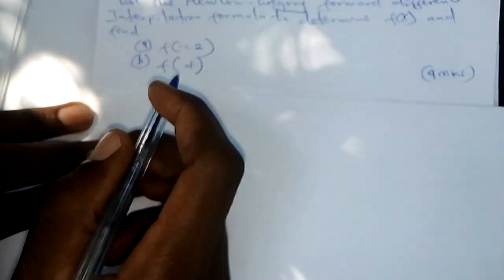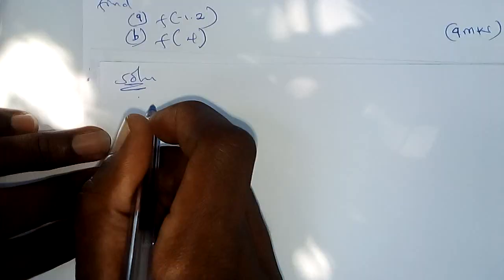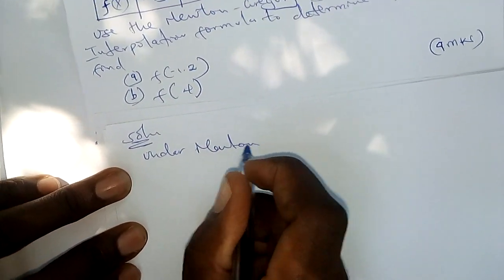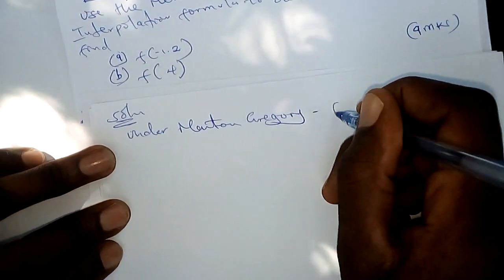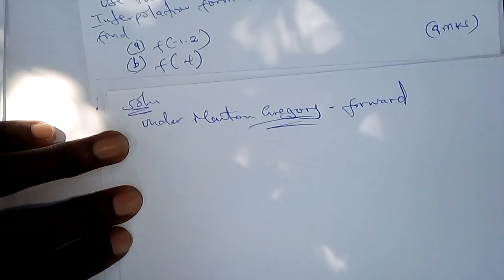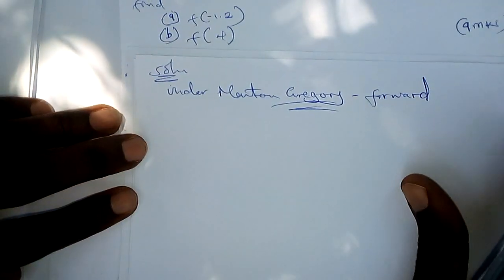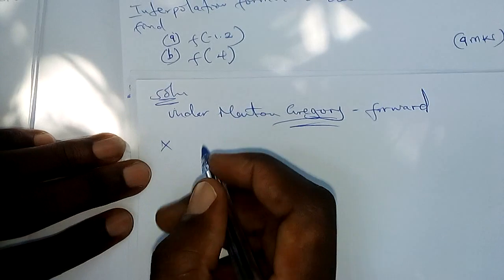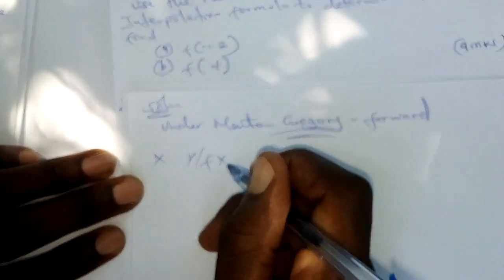Now under solution, it is under Newton Gregory forward. So we come up with this table: x, y, or f function of x.